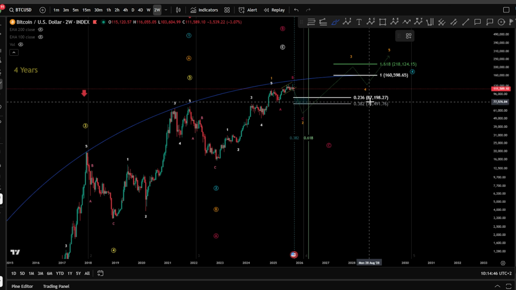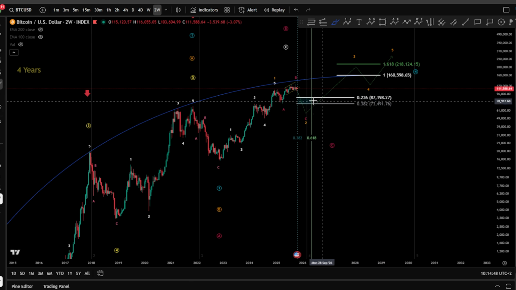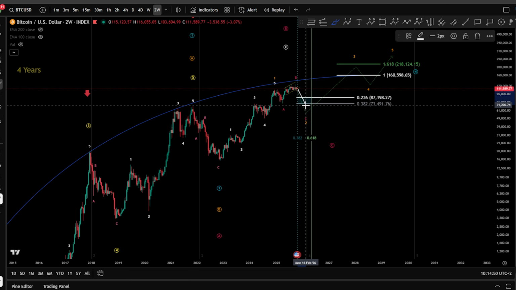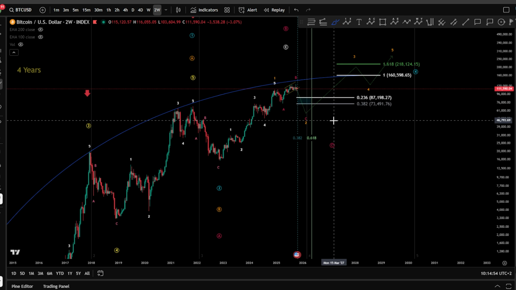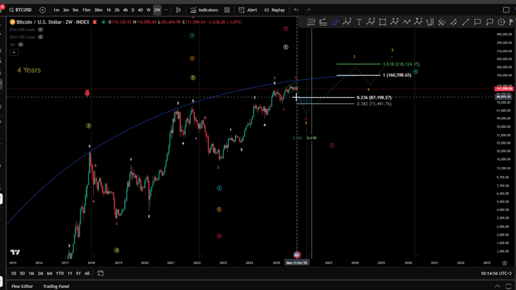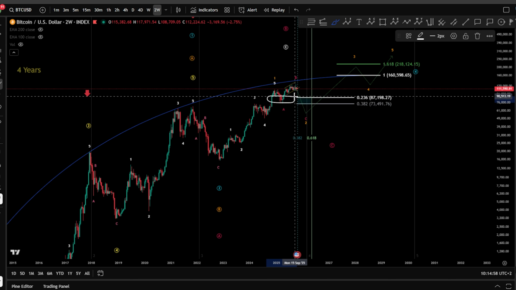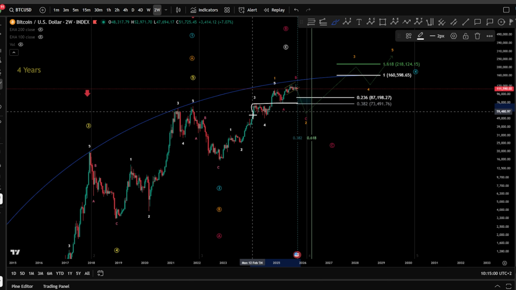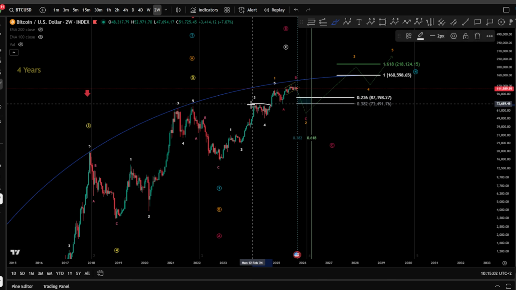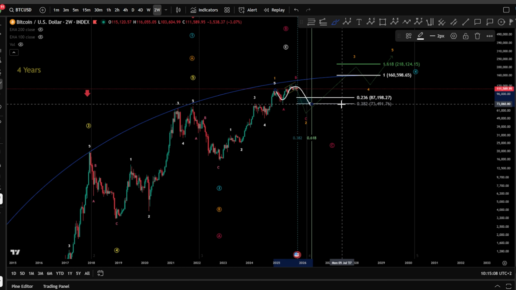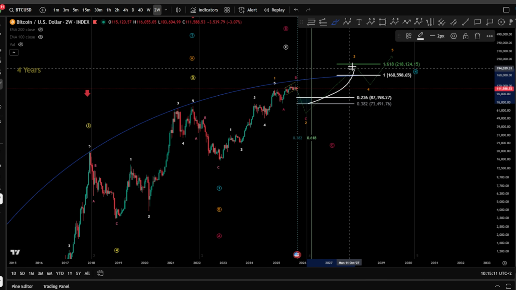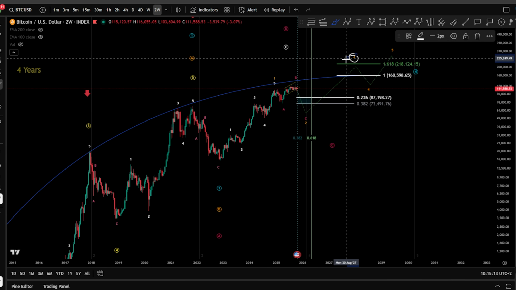So if the minimum requirement is 0.38, we are looking at least here on the linear fib levels at 73k, which is very close to this very strong support area for Bitcoin. It might unfold an ABC expanding flat for wave 2, 0.38, and then move toward the upside in a new bull run for wave 3.